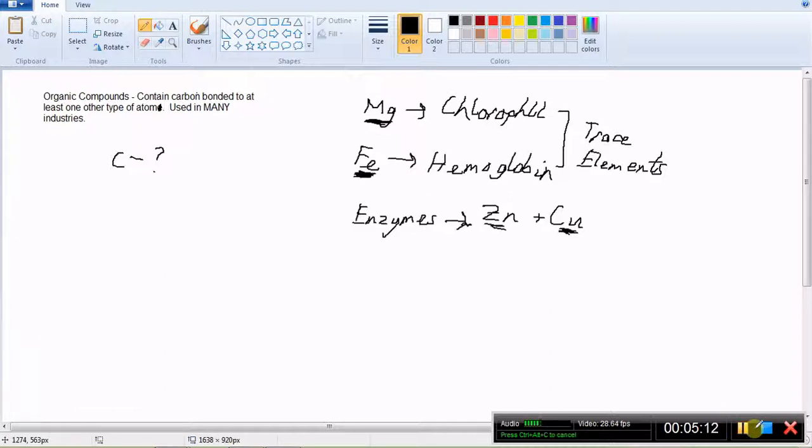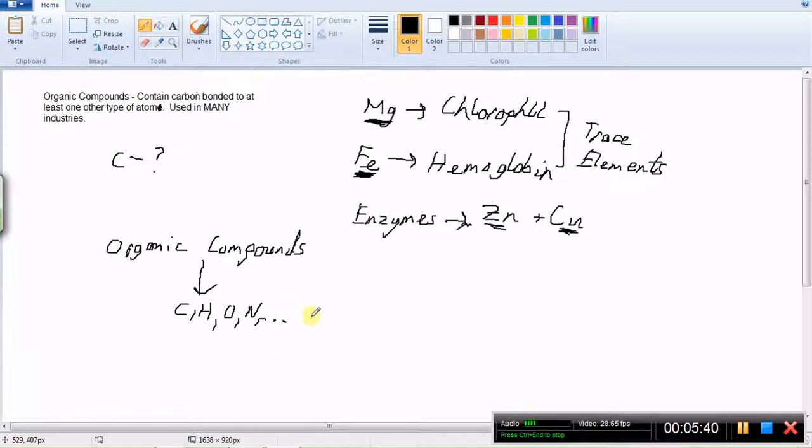Now those aren't the only examples, those are just a few that I wanted to go over. So let's review here. We have organic compounds, and they contain carbon, hydrogen, oxygen, and nitrogen in large amounts.